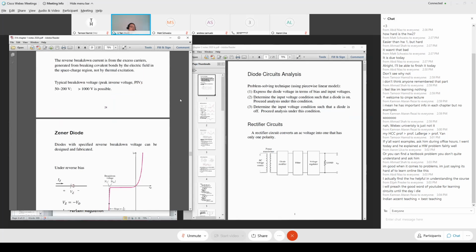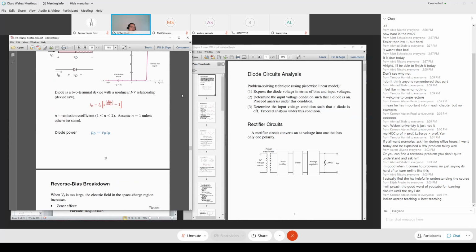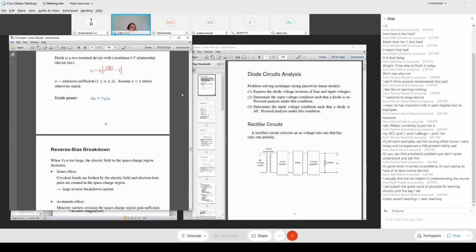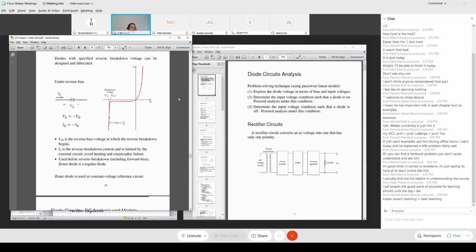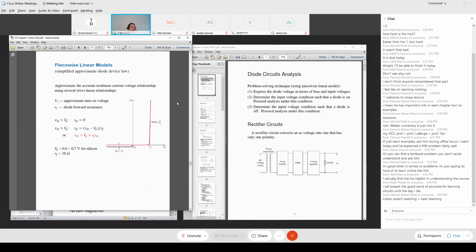And here, if you want, back one more slide, I can comment on this. Piecewise linear model: we approximate the accurate nonlinear current voltage relationship in the forward direction, but actually this statement can also be said of the reverse breakdown situation. So we use several linear relationships. In this case, I show two relationships.